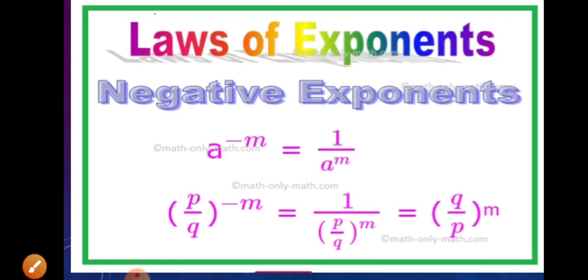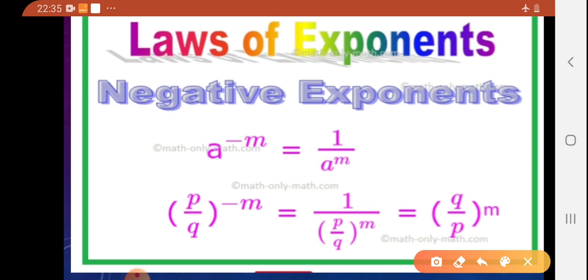Now the laws of negative exponent. If any number has a negative power, how can we change it into a positive one? We will just take the reciprocal of that given number. If a to the power minus m and we have to change it into a positive one, what will we do? We will just take the reciprocal, 1 upon a to the power m. The power will change into positive.